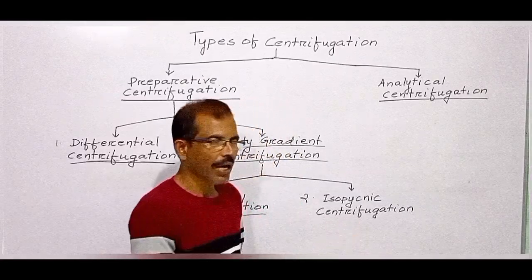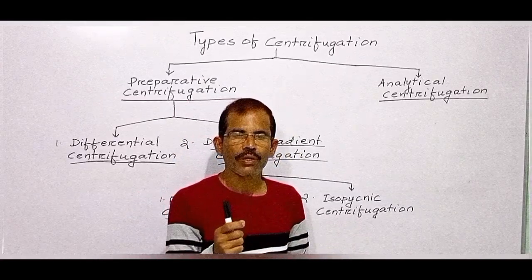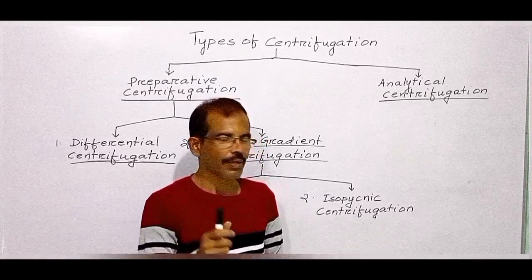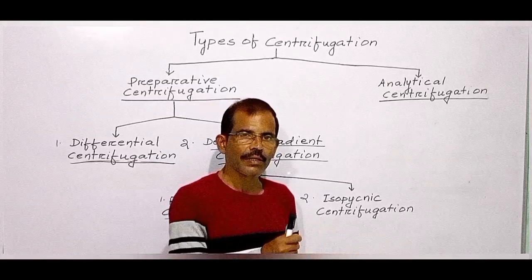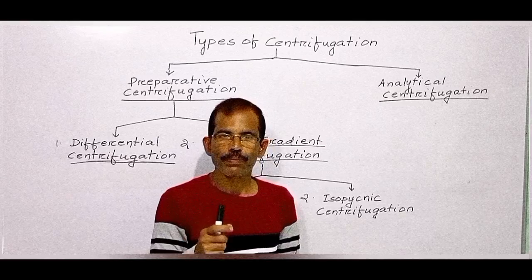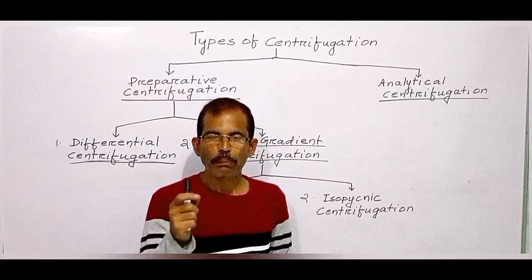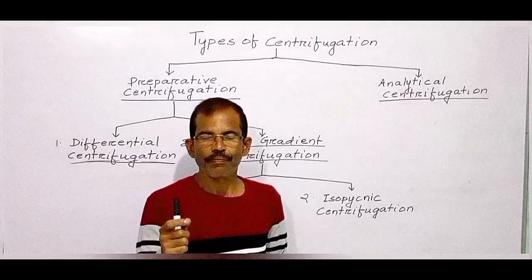Second one is isopycnic centrifugation, also known as sedimentation equilibrium centrifugation. In this technique, the density gradient is steep and particles are separated based on their buoyant density.